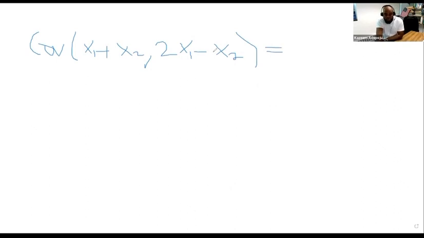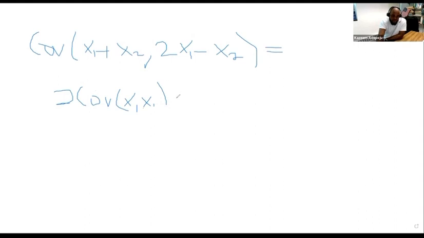Okay, so what you're going to do here, it's more or less like you actually want to multiply this one by this one. So when you do that, when you do x1, this is basically going to give you 2 Cov(x1, x1).